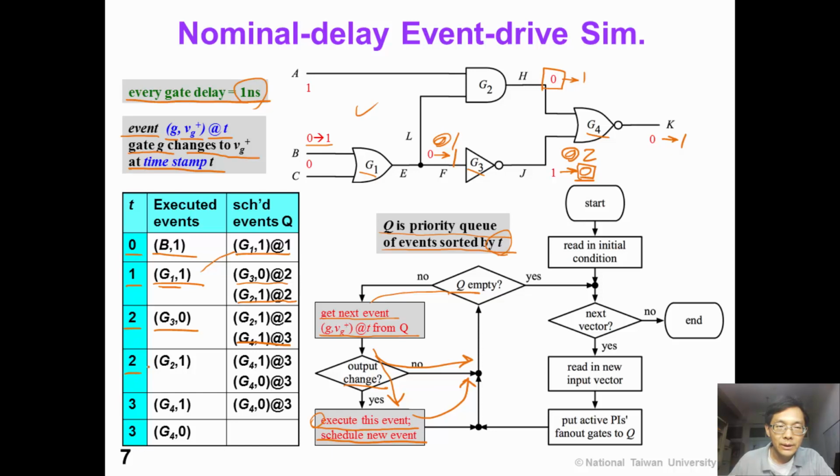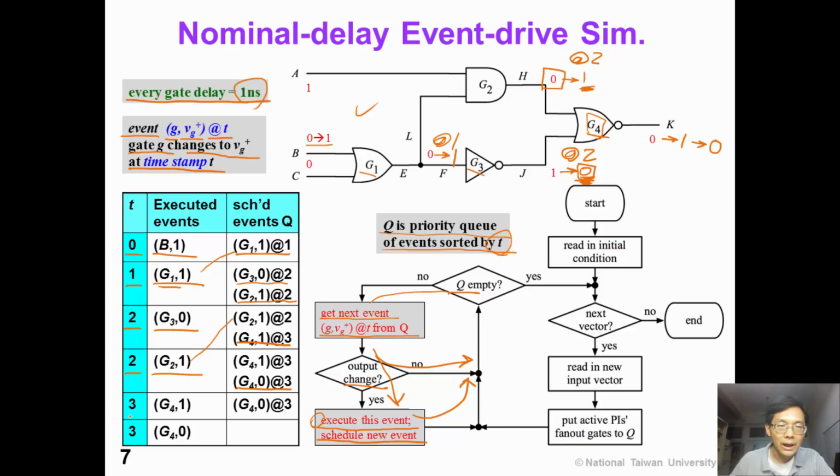Now at timestamp 2, we pop up the next event. So G2 output is now 1. And again, we evaluate G4. At this time, H is equal to 1 and J is equal to 0. So K will become 0 again at time 3.